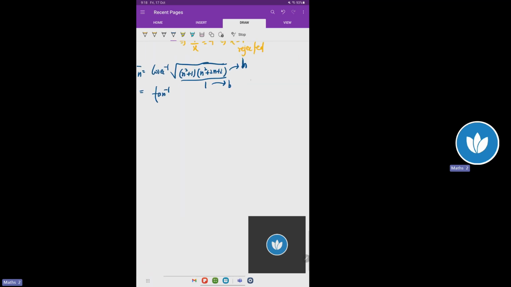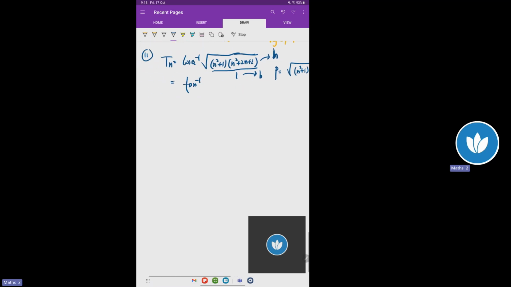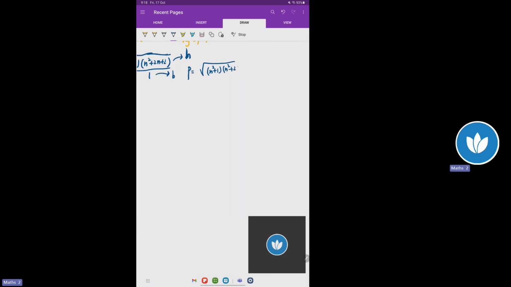Now tan inverse, it means we have to find out perpendicular. What is perpendicular? Root n square plus 1 into n square plus 2n plus 2, minus 1. If you expand this after multiplication, this is going to be n4 plus 2n cube plus 3n square plus 2n plus 1. Now, if you see carefully, this can be very easily written as a perfect square.